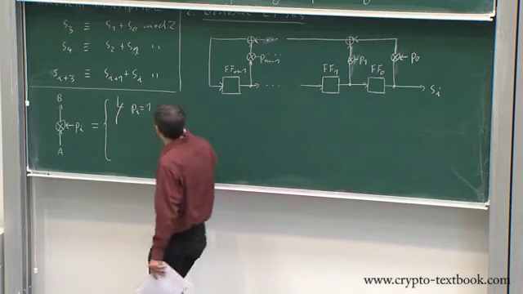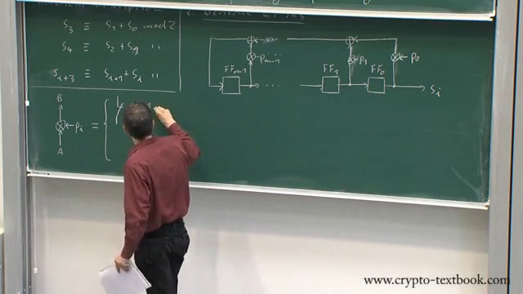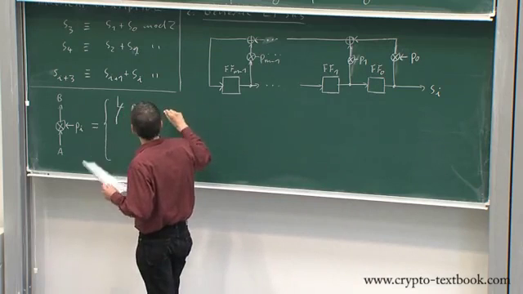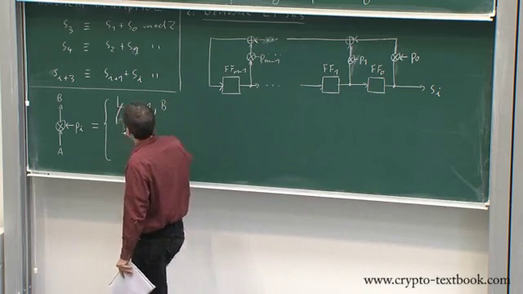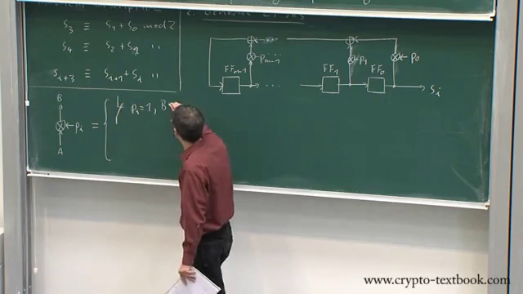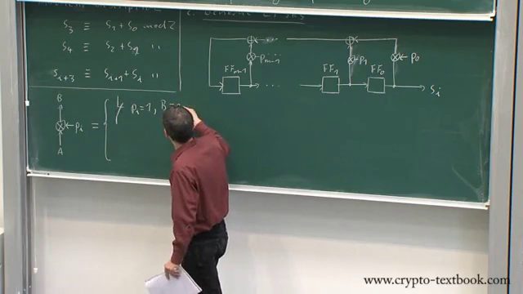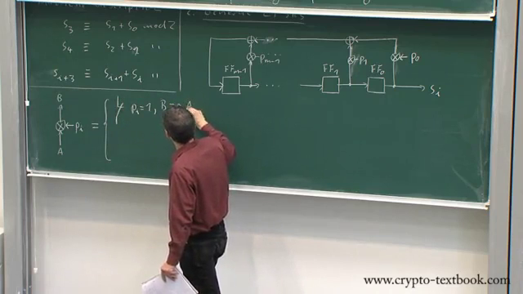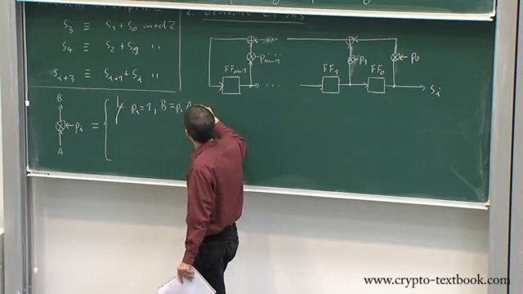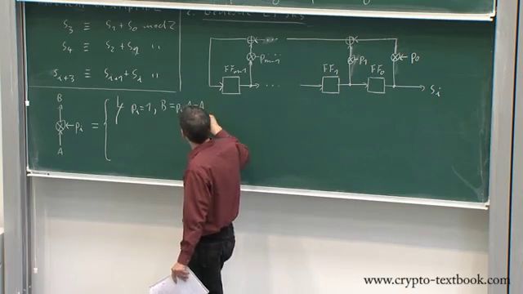Why is that? It makes sense because you can write b, the output, is pi times a, but pi is 1, so this is equal to a.